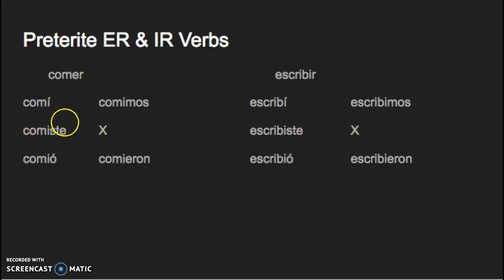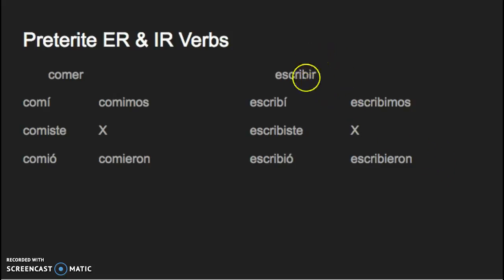í, iste, ió, imos, and ieron. Yo, notice the accent mark. Escribir is an IR verb. Escribí, escribiste, escribió, escribimos, escribieron.